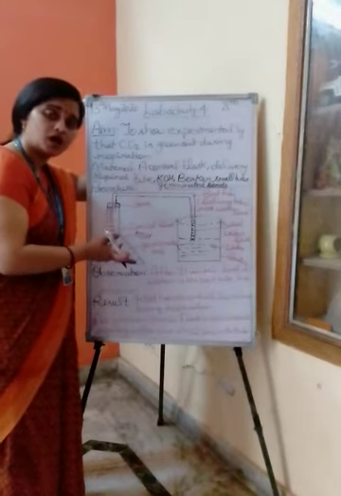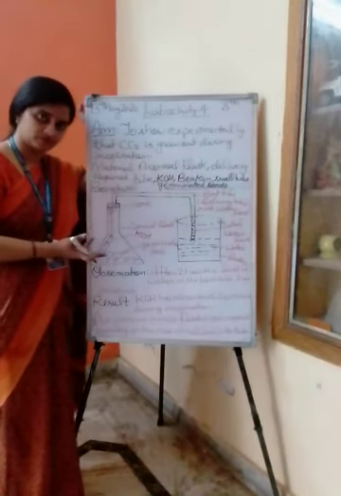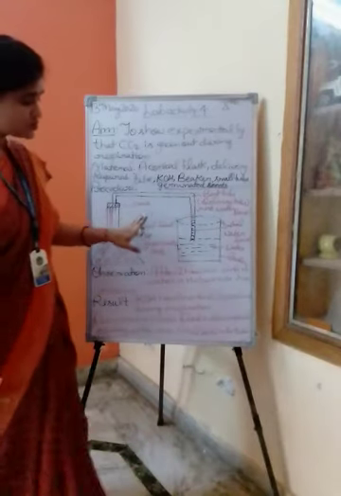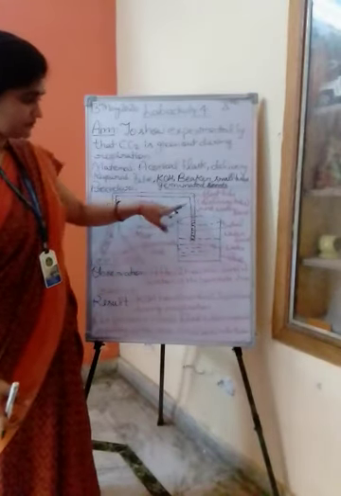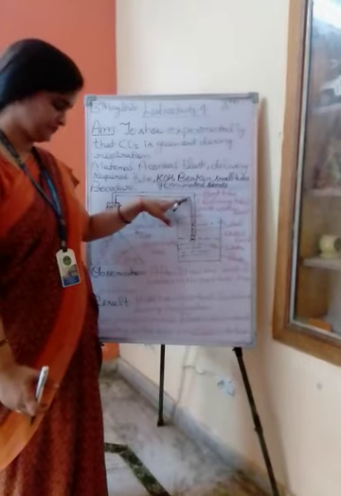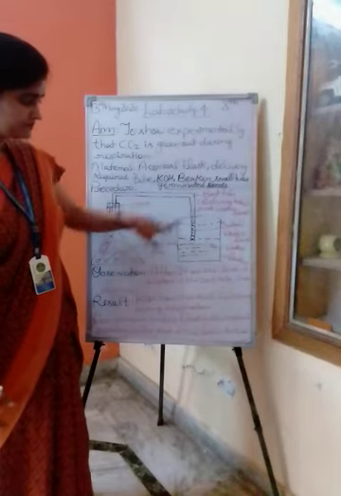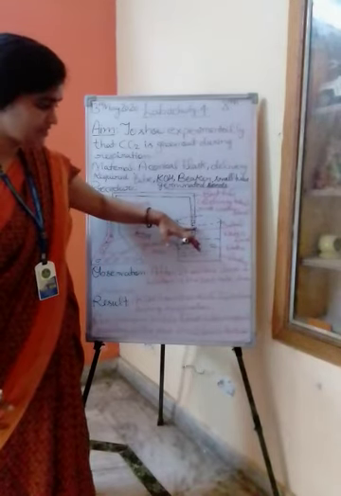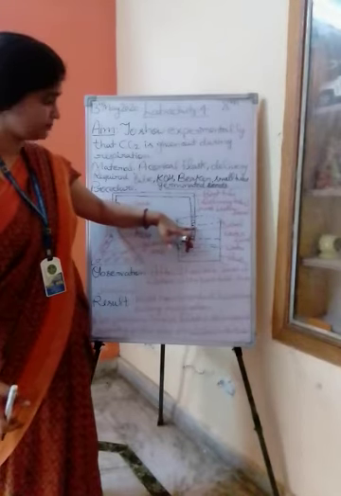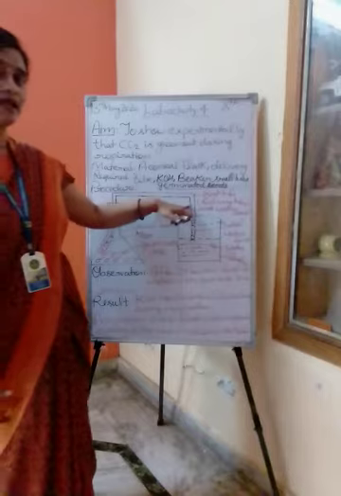After 2 to 3 hours, what will be observed? The observation is that after 2 hours, the level of water in the bent tube has risen. Look at this diagram. This is the initial level of water in the delivery tube, but it has risen up.